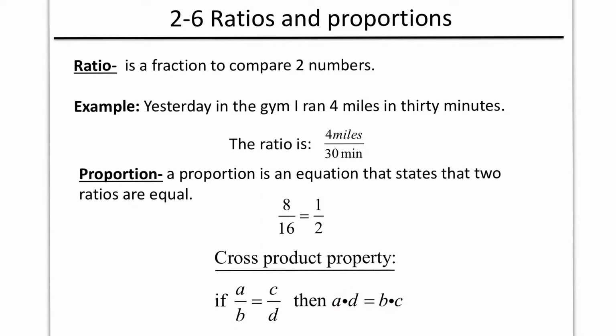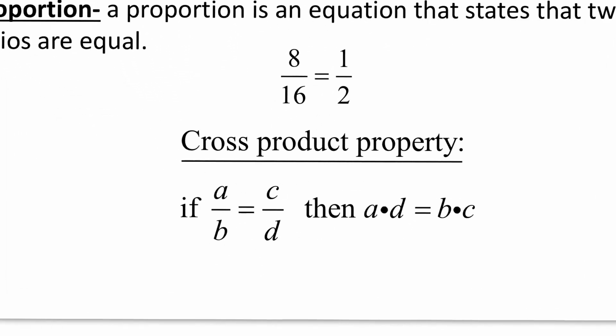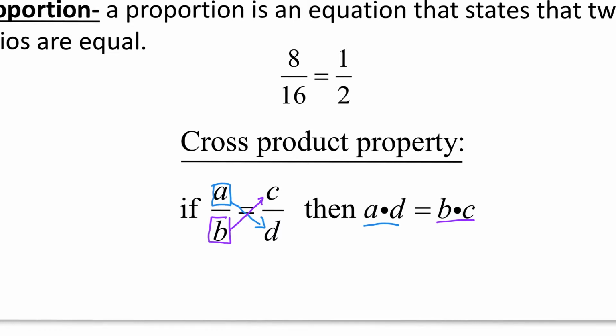Now let me zoom in on this one so I can explain a little bit more. What I'm saying here is that if I take the numerator of the first fraction and I cross multiply, that's where the cross product name comes in, by D, so A times D, that's going to be the same as if I take the denominator of the first fraction and I cross multiply by the numerator of the second fraction, B times C. Those products will be equal.